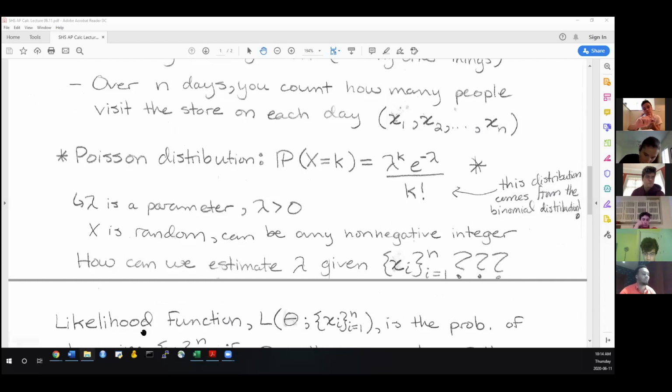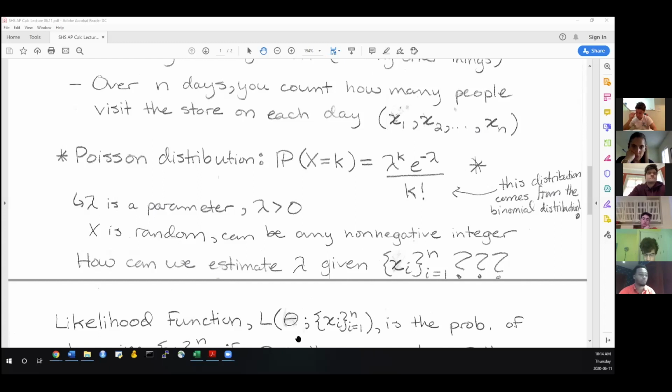So I'm going to define this likelihood function here, L of theta, and you have the sequence of data you observed here. This is a univariate function in theta. Theta is the variable, and you can interpret these little xi's to be fixed constants for the purposes of the likelihood function.